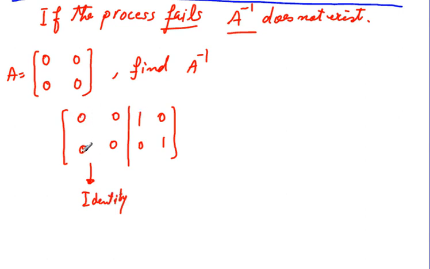If I add any multiple of this row to that row, that's not going to help. Nothing I do is going to change the way this looks. This cannot be turned into an identity. So it's not so unexpected that the 0 matrix doesn't have an inverse. The inverse does not exist.